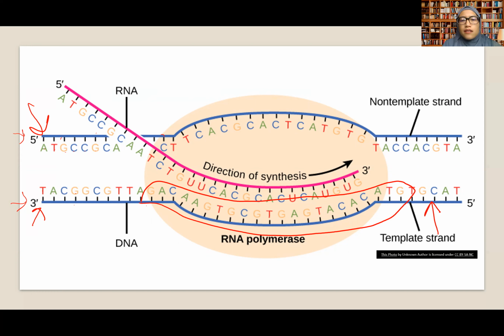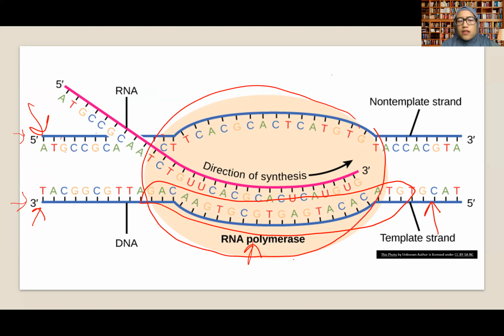So this RNA polymerase is a protein. So this whole thing right here, it is a protein, and it will get attached to the DNA, open the DNA up, read the template strand, and synthesize the RNA.